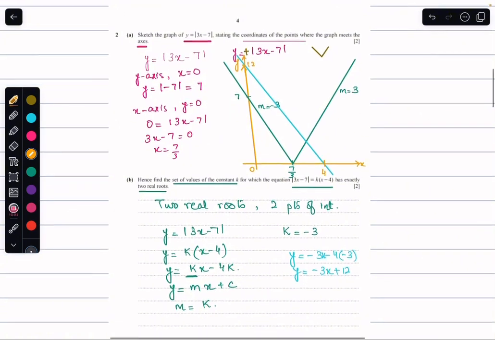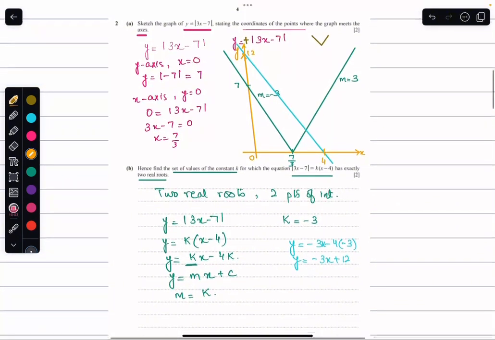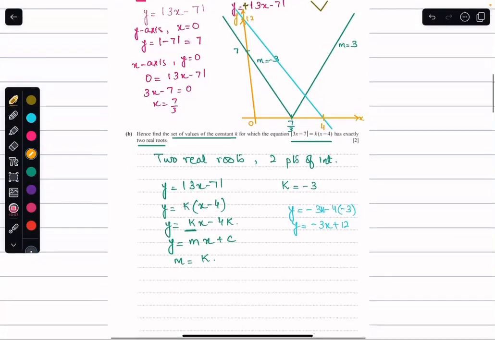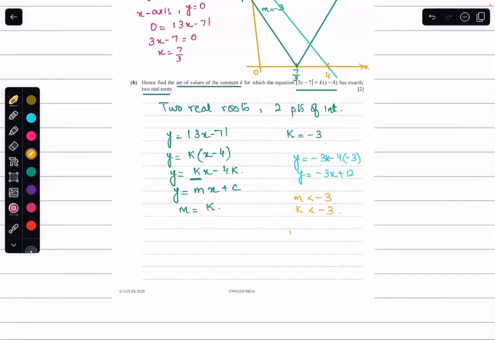So what I can see here is that if I have gradient values which are less than negative 3, let's try with gradient values less than negative 3, meaning in this case k is less than negative 3. So let's go for the k value which equals negative 2.